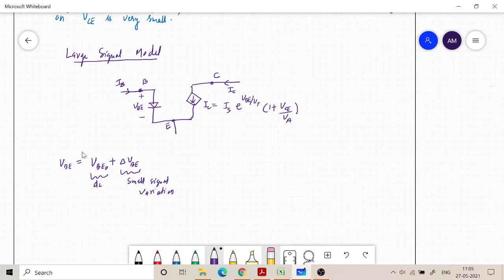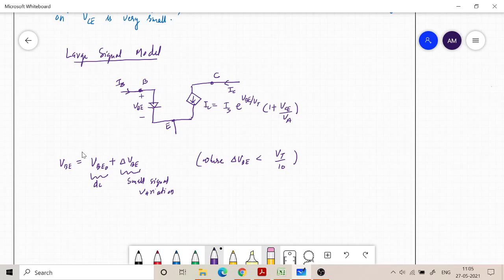How small should it be? Earlier we have seen that if it has to be considered as a small signal, delta VBE should be less than VT, which is 26 millivolt, divided by 10. This is a thumb rule that we will take.